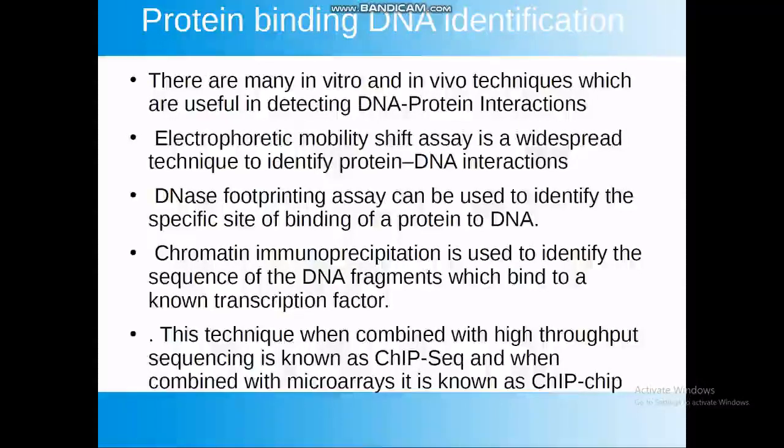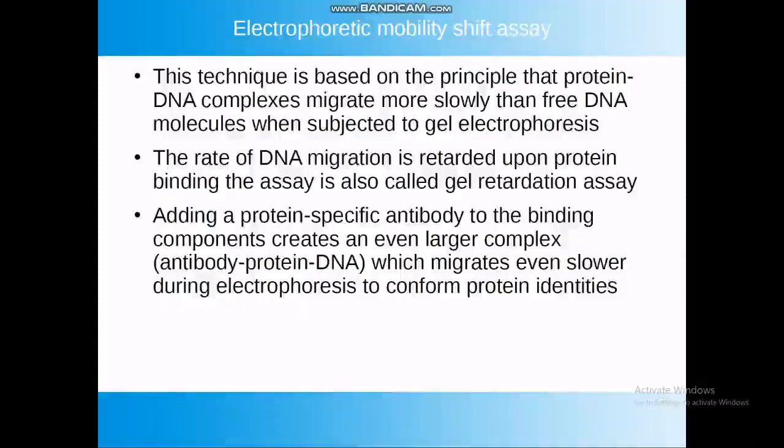This technique is mainly based on the principle that protein-DNA binding complexes migrate more slowly than free DNA molecules when subjected to gel electrophoresis. When the DNA-protein complex is subjected to electrophoresis, it moves more slowly than the free DNA molecules.